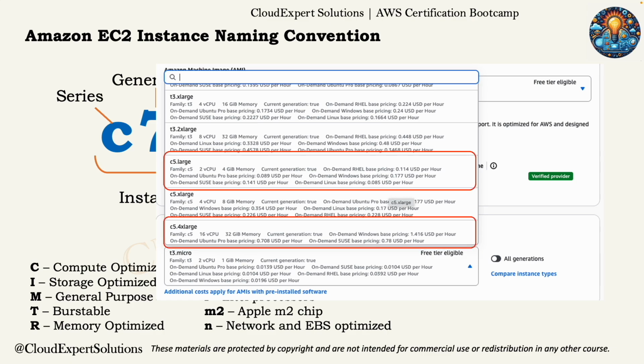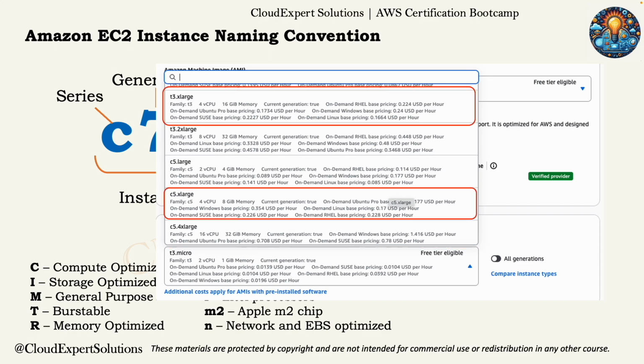If we take a closer look, C5 large comes with 2 vCPU and 4 GB of RAM, whereas C5 4x large comes with 16 vCPU and 32 GB RAM. Now if you compare T3, a burstable family, and C5, compute optimized, T3 extra large has 4 vCPUs and 16 GB of memory or RAM, whereas C5 extra large comes with 4 vCPU but 8 GB of memory.